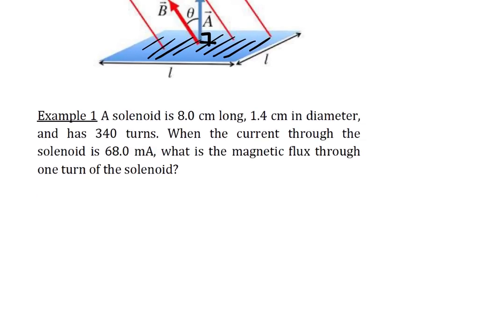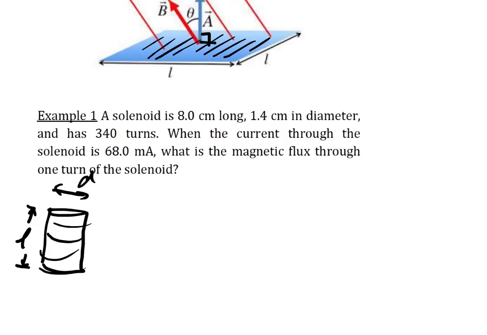We have a solenoid with a length of 8 centimeters, which I'll call L, and 1.4 centimeters in diameter, which I'll call D. There should be a wire over here, and with a given current, we get a magnetic field through the solenoid.